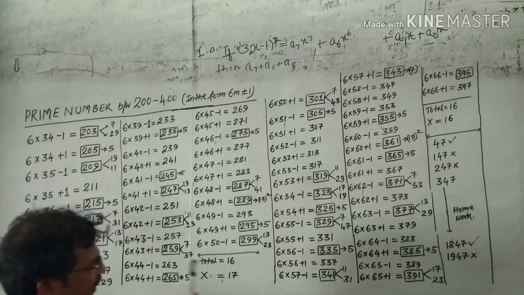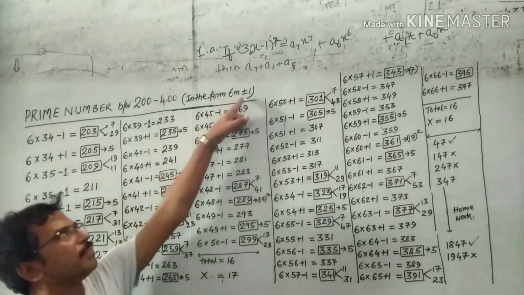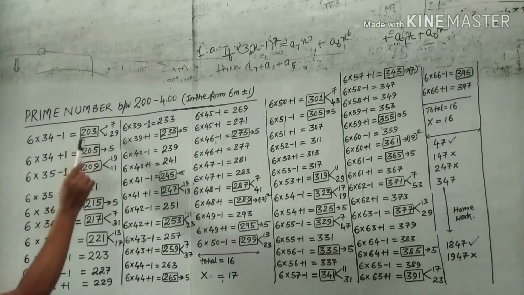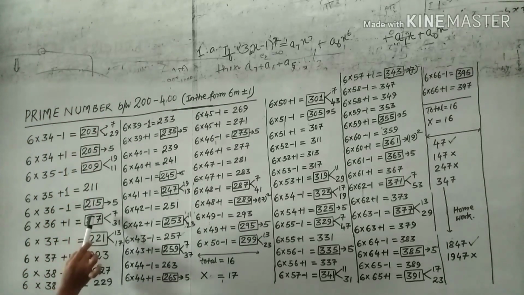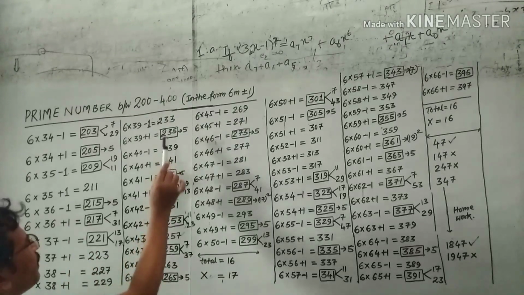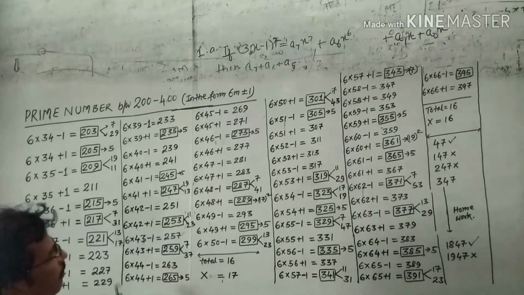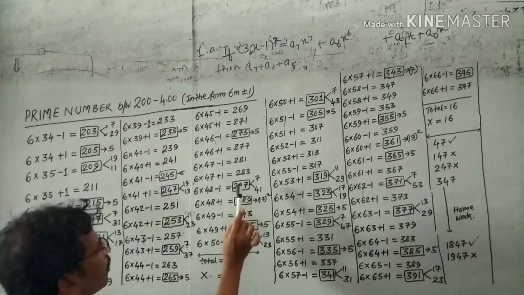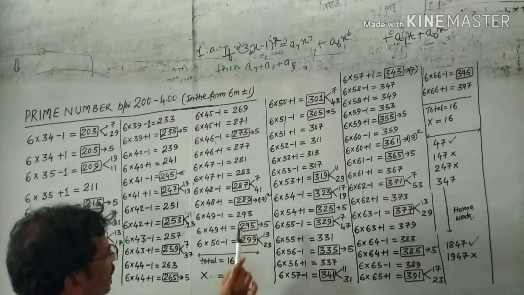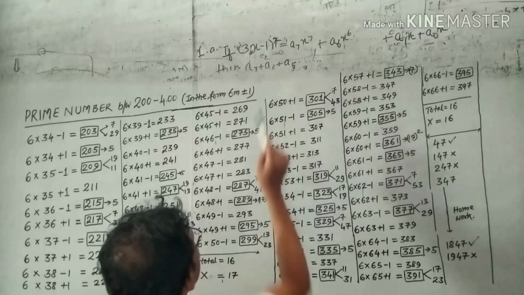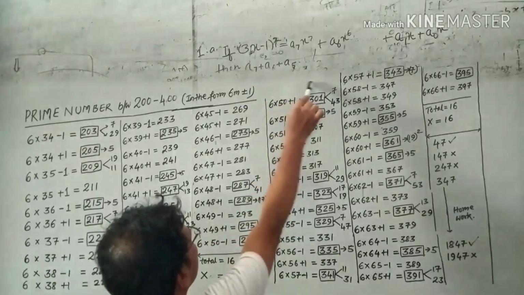So 17 numbers are there which are in the form 6m plus minus 1 but are not prime numbers, counting 1, 2, 3, up to 17. Okay? Now you can easily remember the prime numbers between 200 to 300. Now we start prime numbers from 300 to 400. Okay?